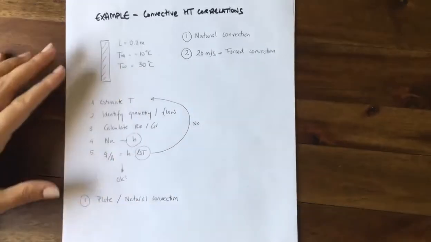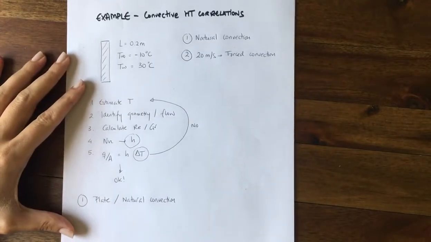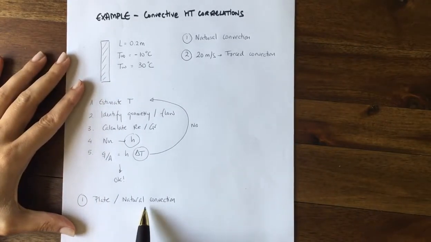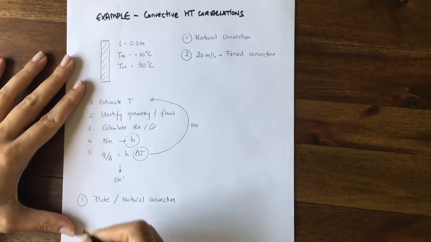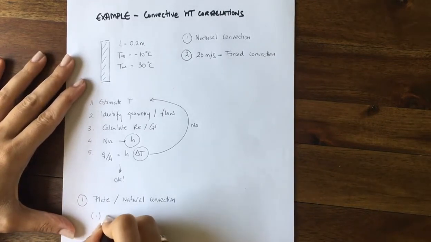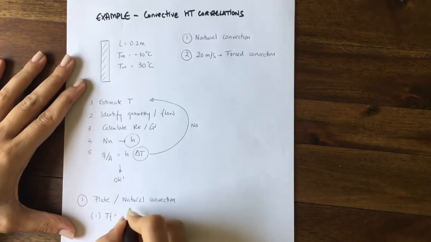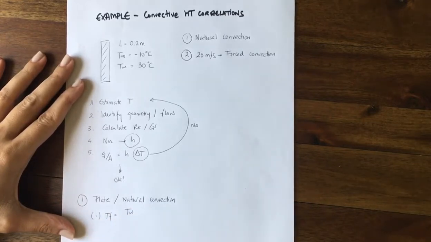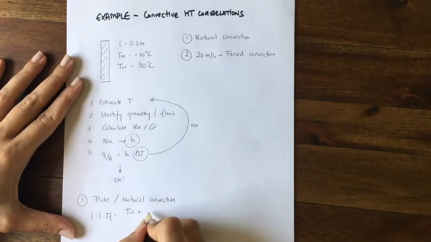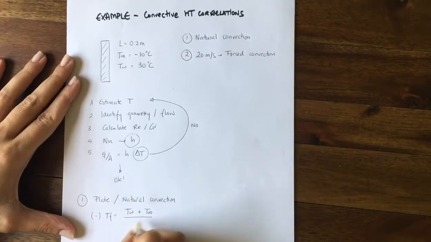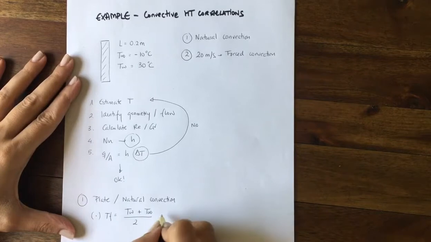As you remember from the presentation of the lecture, in most cases we need to evaluate the properties of the fluid at the film temperature. And the film temperature, Tf, is defined as the temperature of the plate in this case, plus the T infinity, over 2.